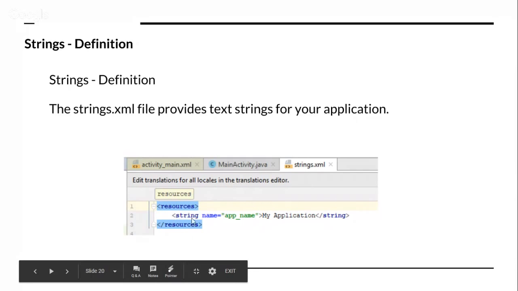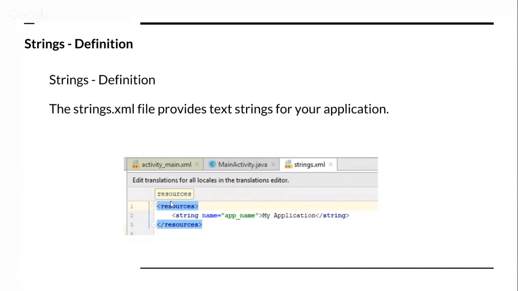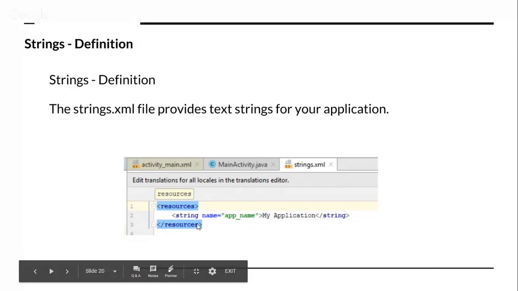You can write the string name, your app name, and then write it in French, or I had written English in my application. You can write in French, Arabic, anything. For using string.xml, you need to pass a resource, because string is a resource in your Android. You have to pass the string name, app name, then my application.